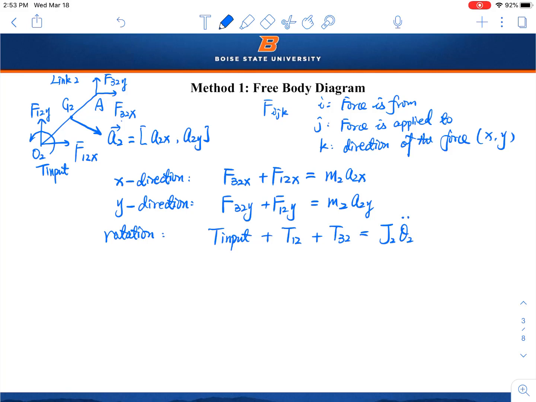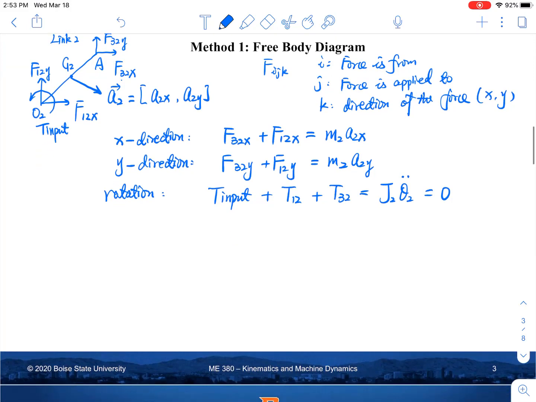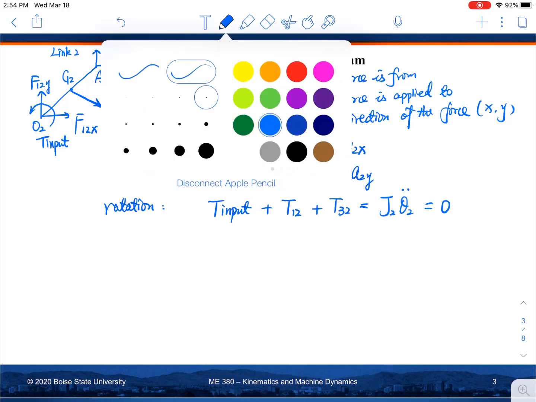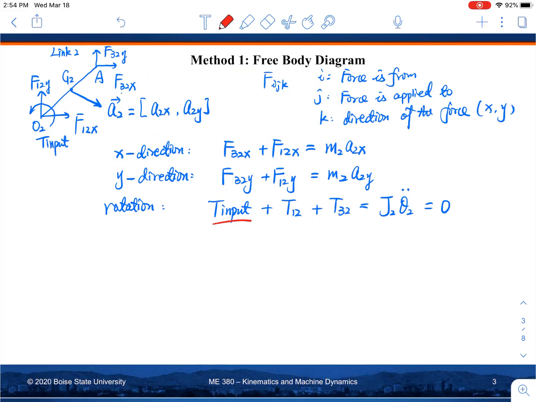So this is the angular acceleration, theta 2 double dot. And in this case, we know that the speed is constant, so the right hand side is actually 0. Okay, so we have three equations. We just need to find whatever we know. So T input is something we don't know. F32x, the reaction force. Those reaction forces are not known.